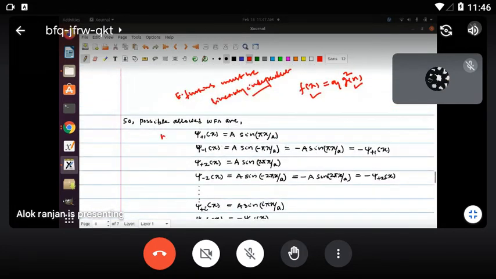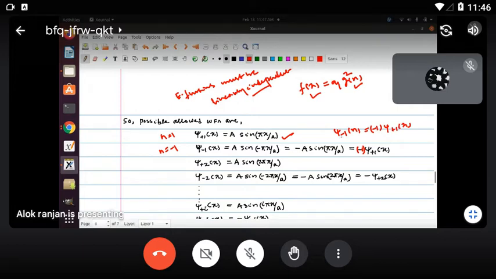When we put n equal to plus 1, we have a sin(pi x over a), and when we put n equal to minus 1, psi_minus1(x) is a sin(minus pi x over a), which is minus a sin(pi x over a), which is minus 1 multiplied by psi_plus1(x). So psi_minus1(x) equals minus 1 times psi_plus1(x).